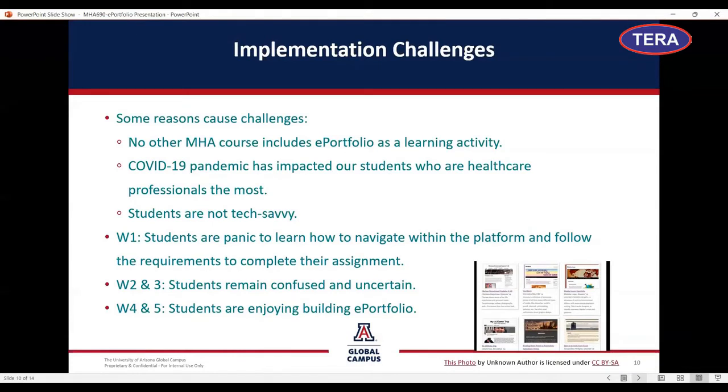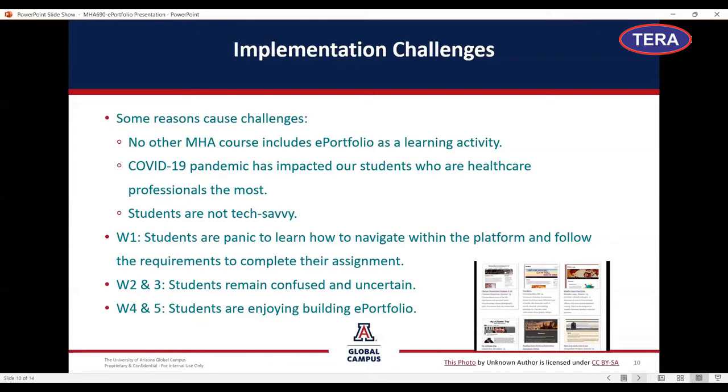Our students are mid-aged adult learners. It is hard for some students to get out of their comfort zone to learn new things in the last course of the program. Moreover, the majority of our students are frontline healthcare professionals.